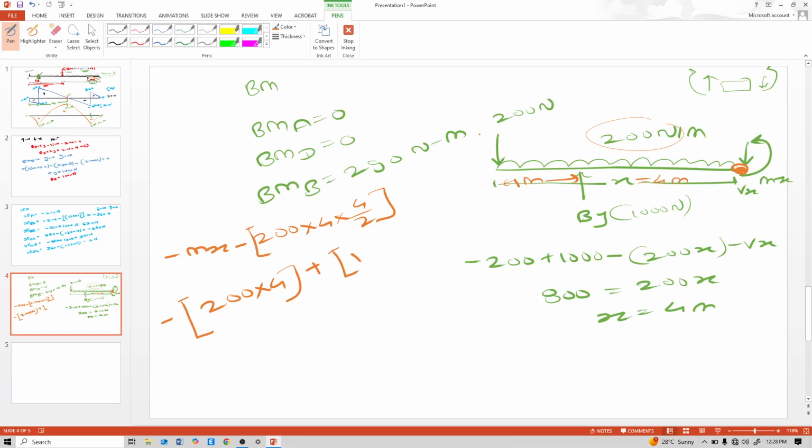So Mx is equal to minus 200 into 4, minus 200 into 4 into 4 by 2, plus 1000 into 3.